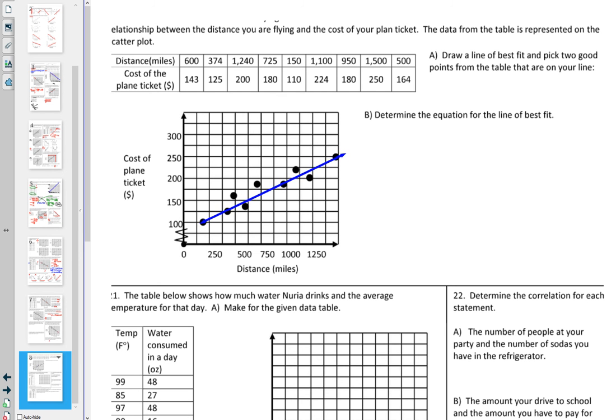Connect these two. I have 3 above, 2 below. Yeah, that's pretty close there. And pick 2 good points. So let's pick this point and that point.